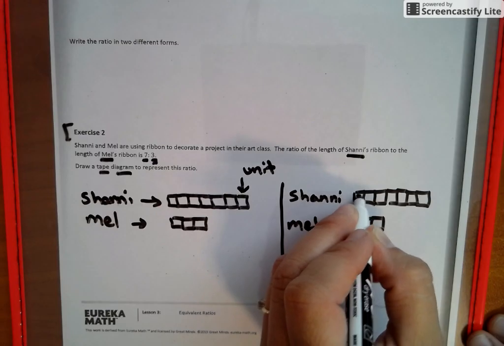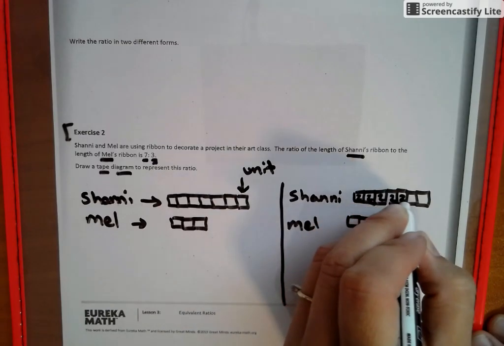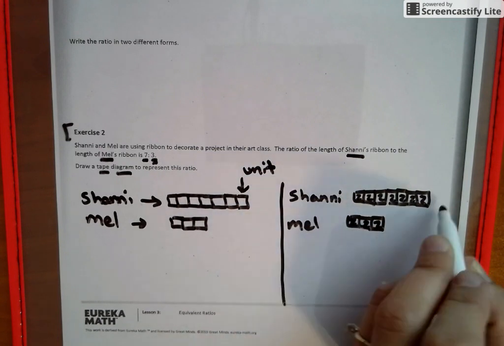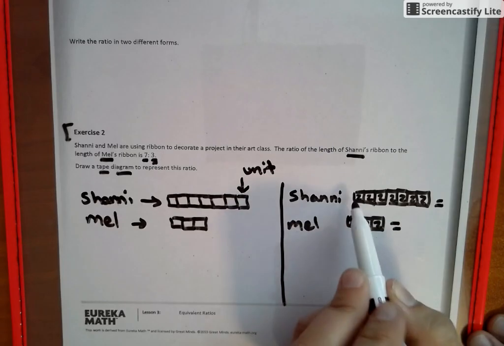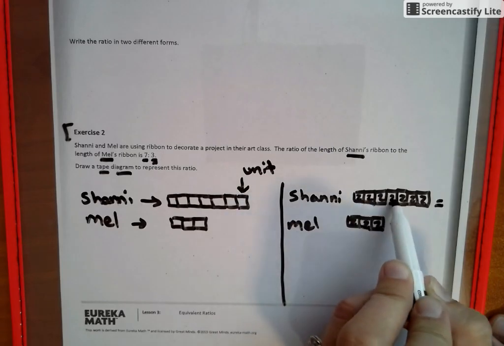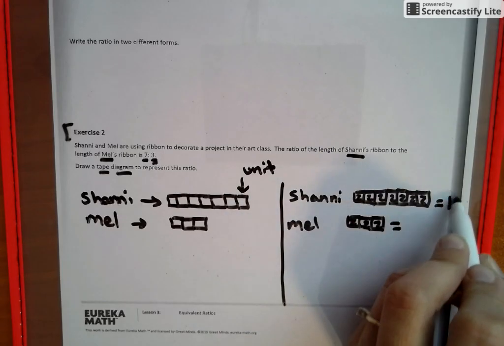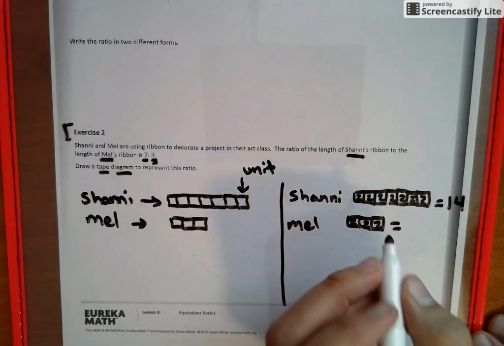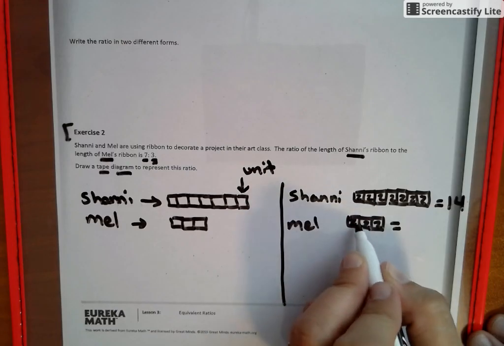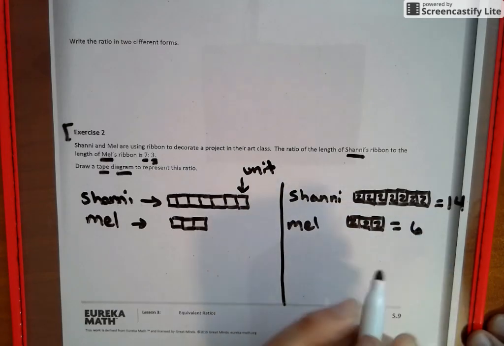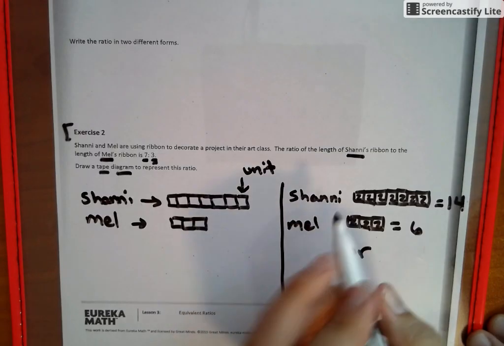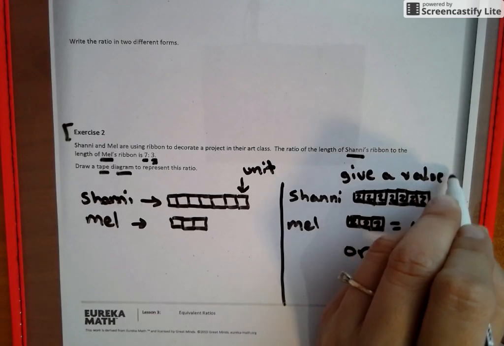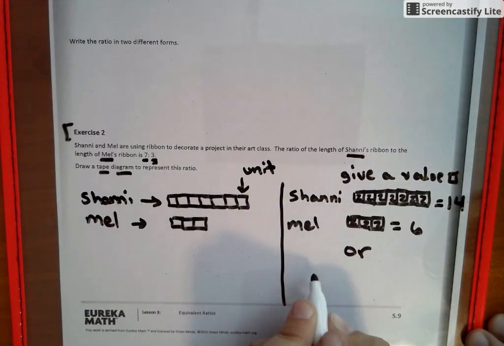But now we could give it a value. So say, for instance, we could say each unit is worth 2. So if we put a little 2 in each of the boxes, now remember, when you put 2 in one piece of tape, a 2 goes in all. So we could say that Shani has 2, 4, 6, 8, 10, 12, 14 of whatever, feet, inches, whatever we want these ribbons to be measured as, and Mel would be 2, 4, 6.